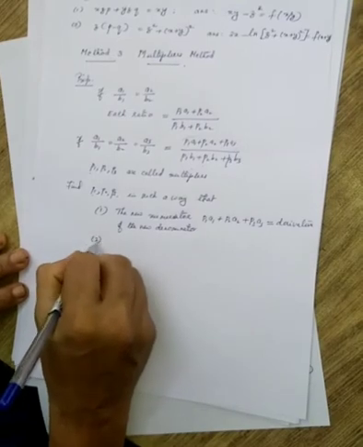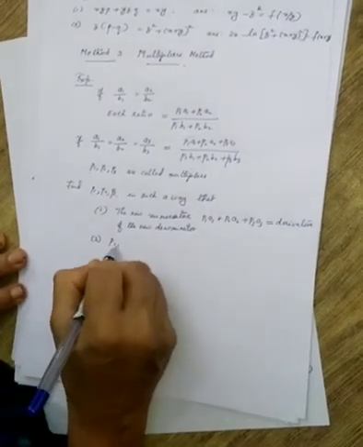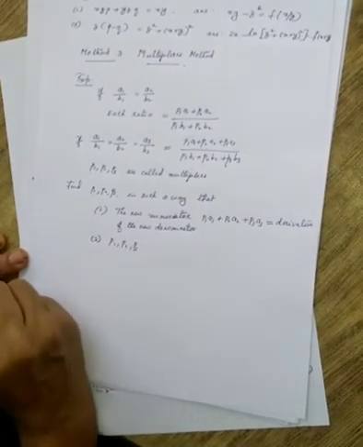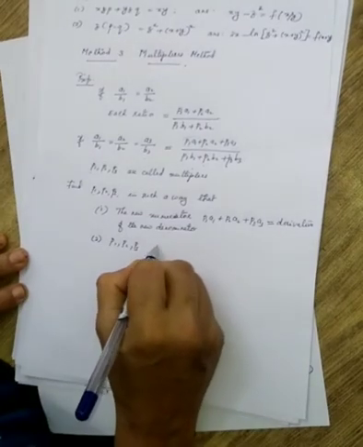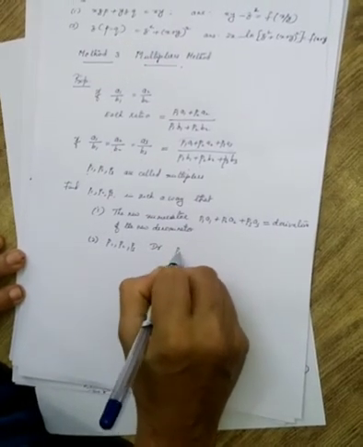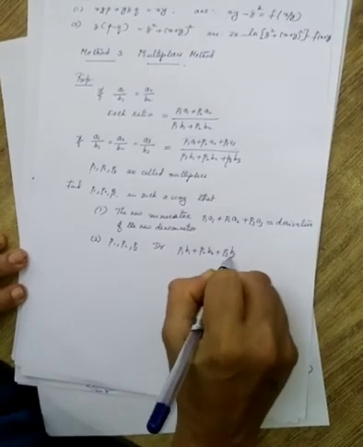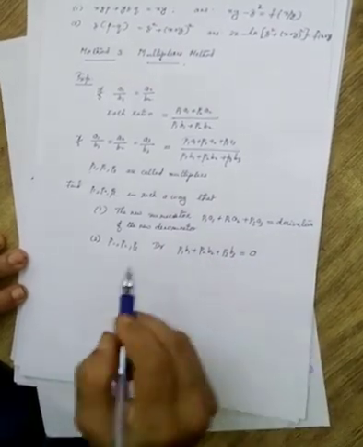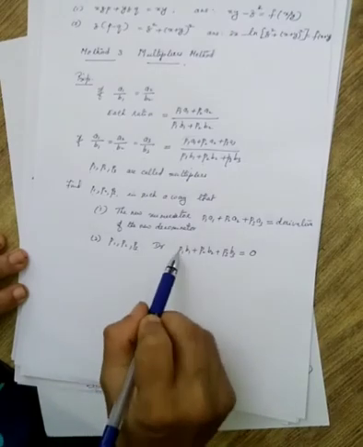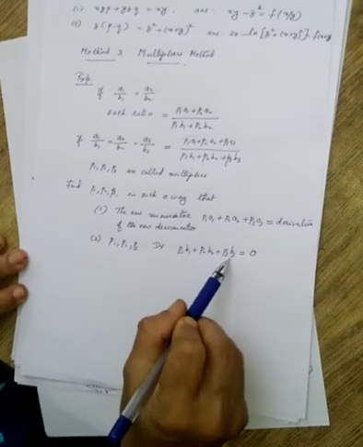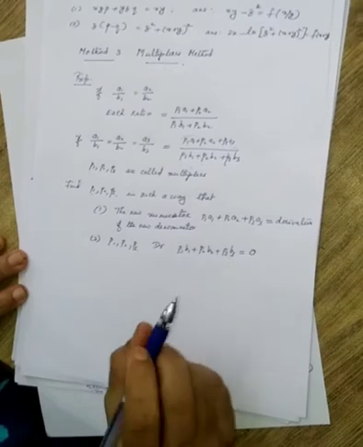The second possibility is we are selecting p1, p2, p3 in such a way that the denominator p1 b1 plus p2 b2 plus p3 b3 should be equal to 0. Then what happens?